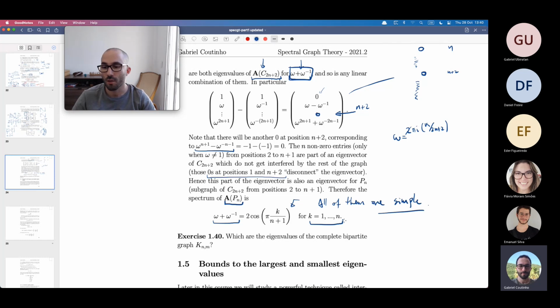You have just found n eigenvalues of multiplicity 1, so this is a complete diagonalization. The path has only simple eigenvalues. All of them lie between 2 and minus 2, because these are all 2 times the cosine of things, and these things are never 1 and minus 1. Any questions?